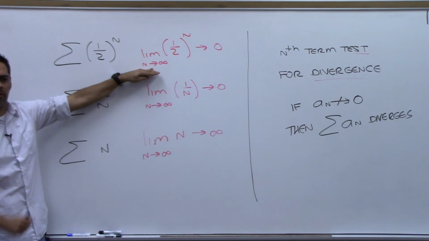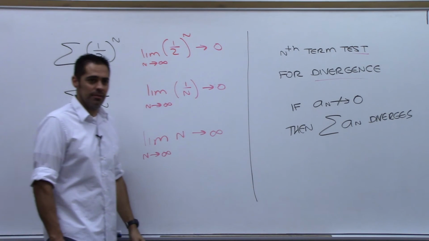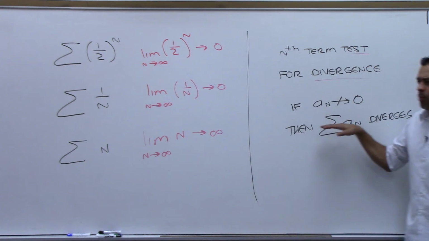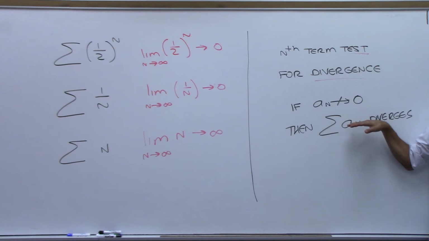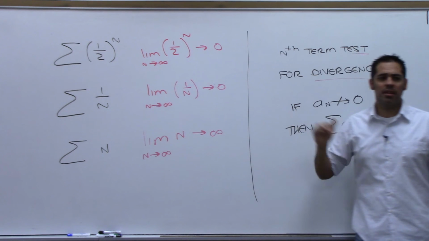What's my conclusion? It does not diverge? No. Inconclusive. Look, the test told me nothing. Because what do you need for the test to work? You need this to not go to 0. This goes to 0, so the test doesn't work.